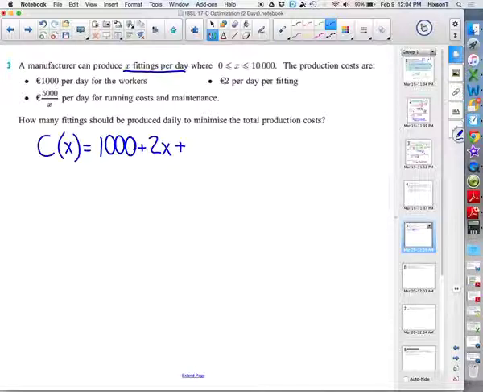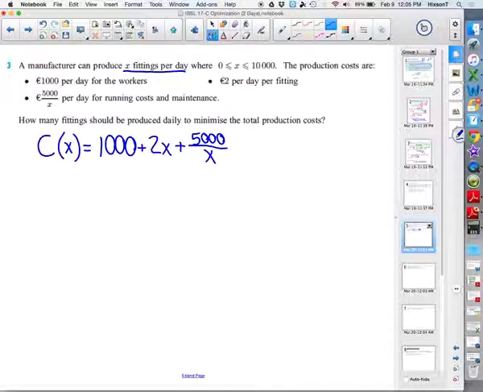Obviously, the more we're producing, the more maintenance we're going to have to perform, the more it's going to cost as far as electricity and all that stuff, running the machine. So this is 5,000 divided by x per day for running the cost. So we add in the 5,000 divided by x.